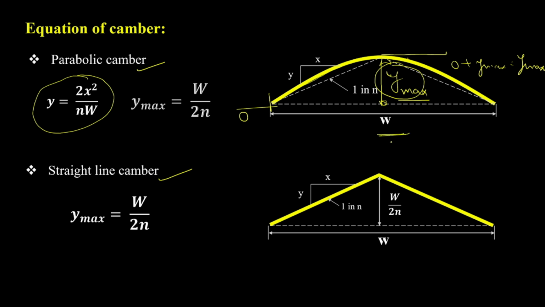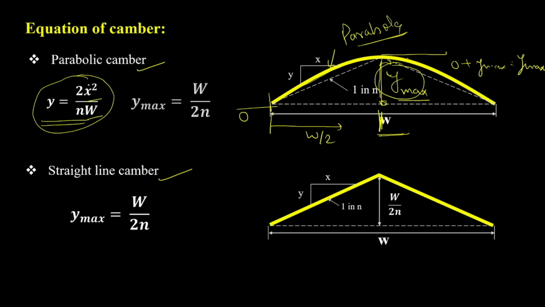So how much should this y max be, and how can we calculate it based on this width, right? Since this curve represents a parabola, and the parabola equation we have in terms of the road width and this slope is 2x square by nw. Now once we want to calculate this y max, it always occurs at a distance of w by 2, so that is here.